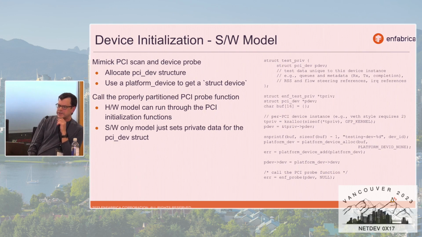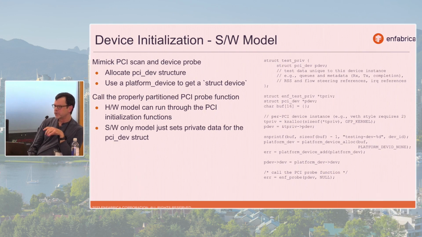All right, so this is where some lessons learned come in. So test priv, I guess that's really the ENF test priv, is this private data structure that goes with each PCI device. And as you're doing these basic functions inside the model, it's invoked with the PCI dev as your top argument because maybe you have multiple of these devices in a system, and so everything's relative to that one instance.